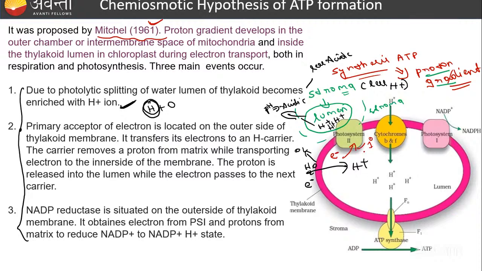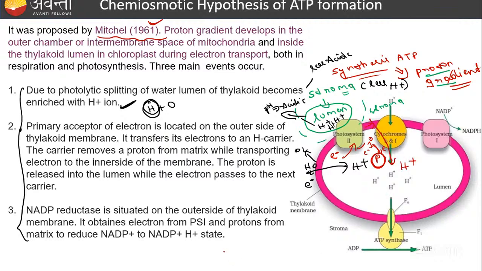This primary acceptor will send the electron, but not to an electron acceptor, it is the proton acceptor. The primary acceptor will send the electron to the proton acceptor. So what he will do is, he will take the proton from the stroma and send that to the lumen.